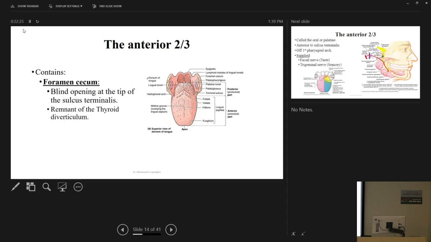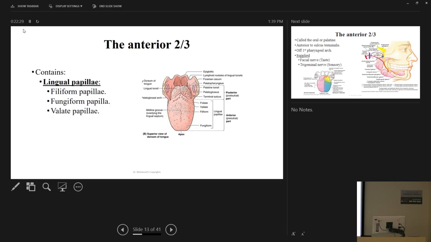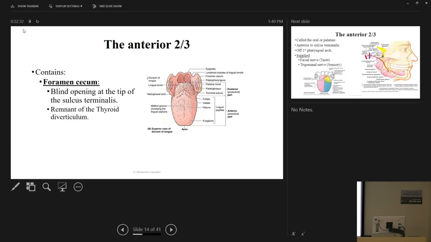Now, what else do we have? We have the foramen cecum. What is the foramen cecum? Do you remember when we talked about the terminal sulcus, which divides the tongue into anterior 2/3 and posterior 1/3? So at the tip of this terminal sulcus here, exactly here, we have the foramen cecum, right?